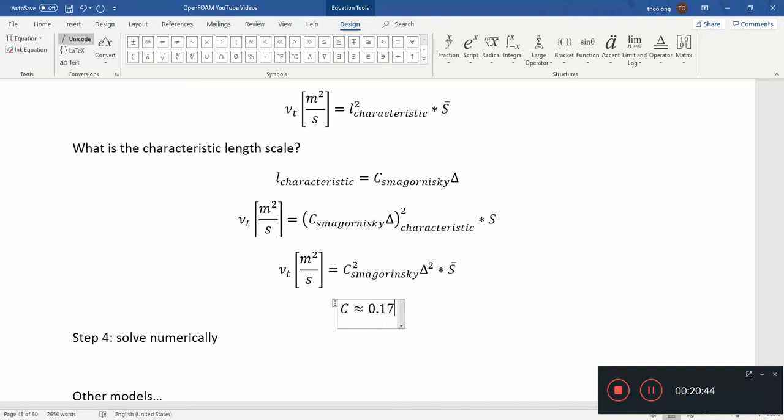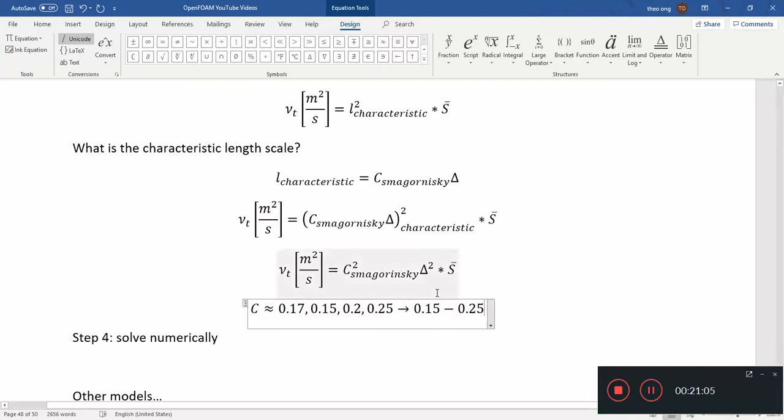It can be 0.17, 0.15, 0.2, 0.25, so it can range from 0.15 to 0.25 depending on your simulation. Of course, this is just an empirical fit. You have to fit it to your experimental data to find the best value for your simulation.